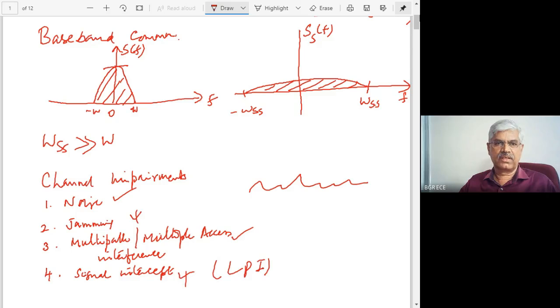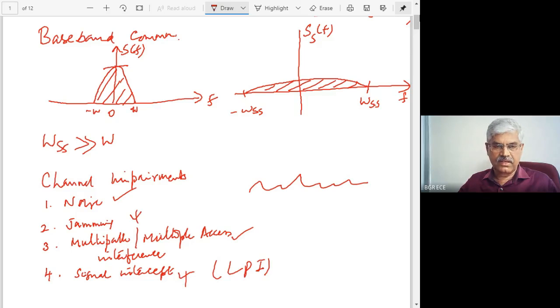So how much spread one has to have? It depends upon how much jamming or how much interference one experiences. That has to be decided by seeing the environment in which we are operating.